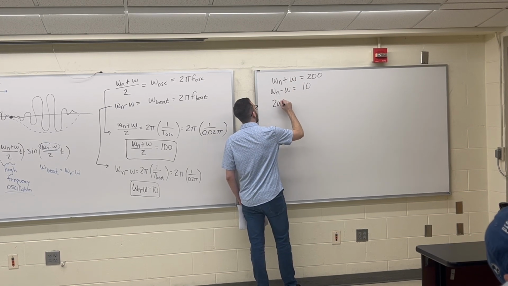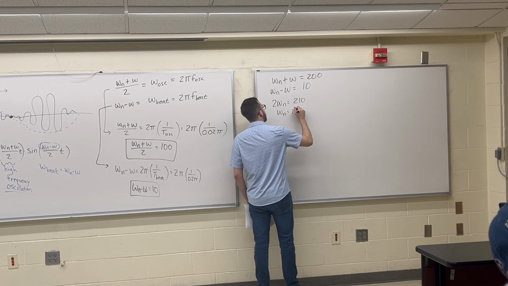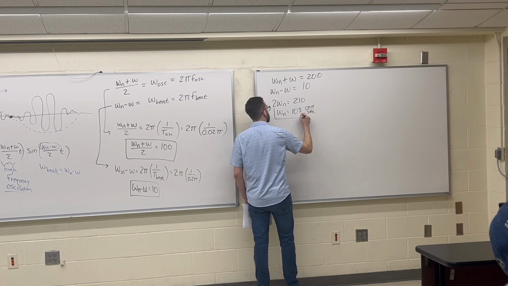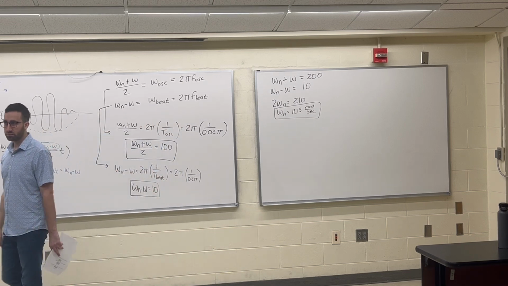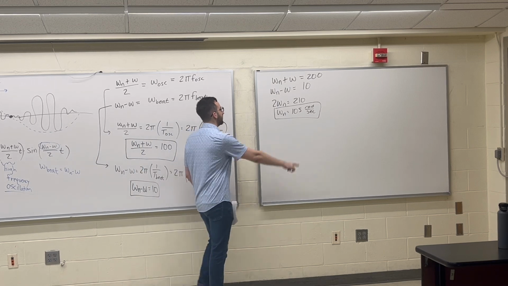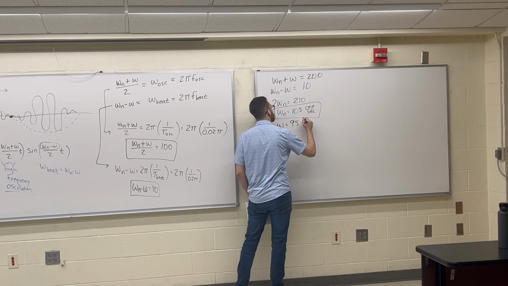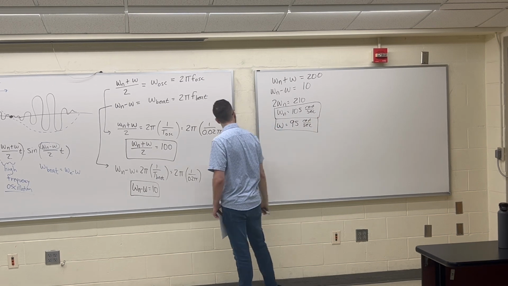So we get 2 omega n is 210, so omega n is 105 radians per second. Then if we plug that back into one of these equations, we see that omega is 95 radians per second. And that's the answer to the problem.